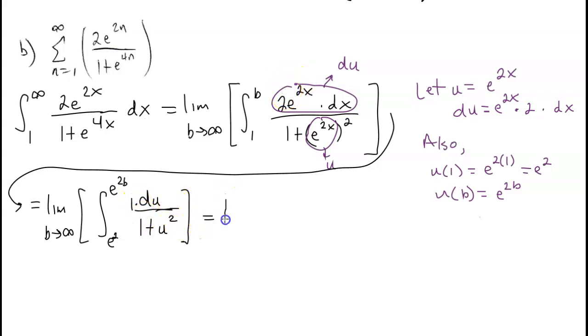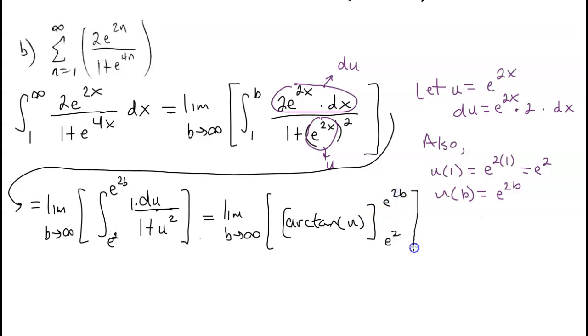So here, let's say the limit as b approaches infinity. The antiderivative of this is just going to be arctan of u, and that's going to be evaluated from e squared to e raised to the 2b.